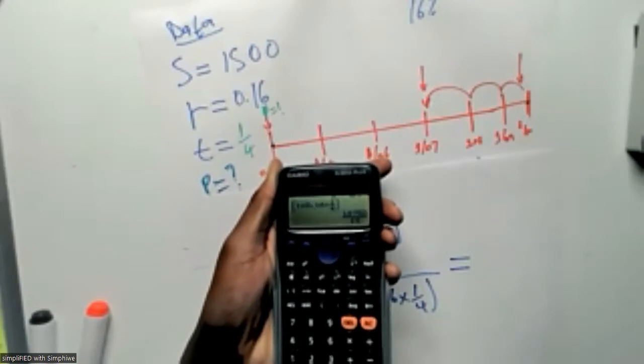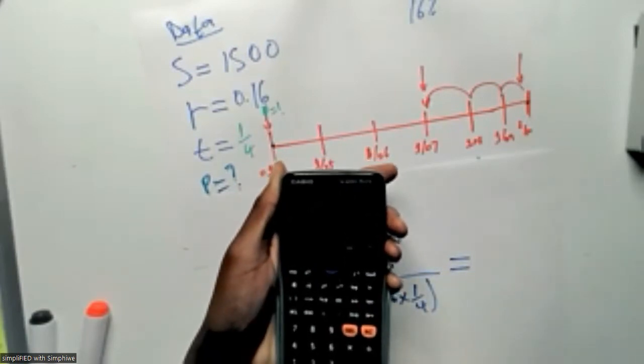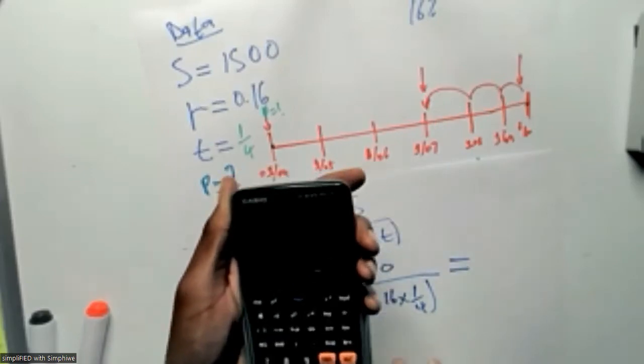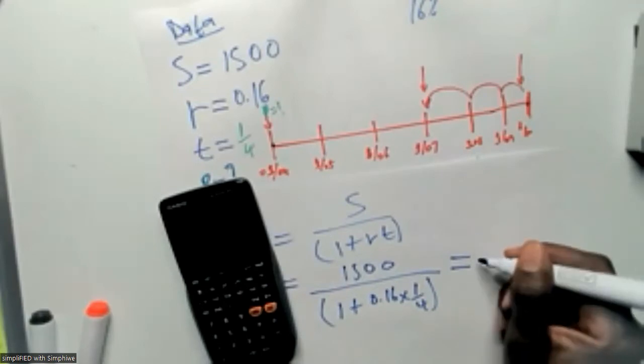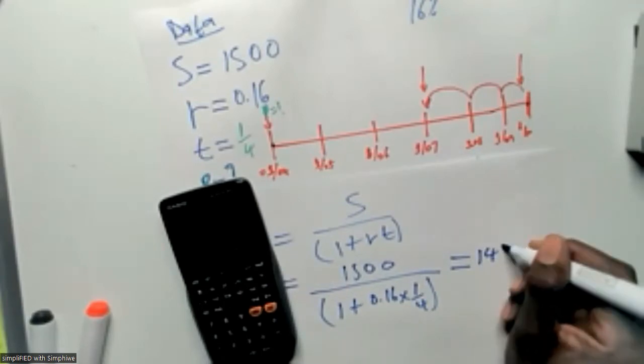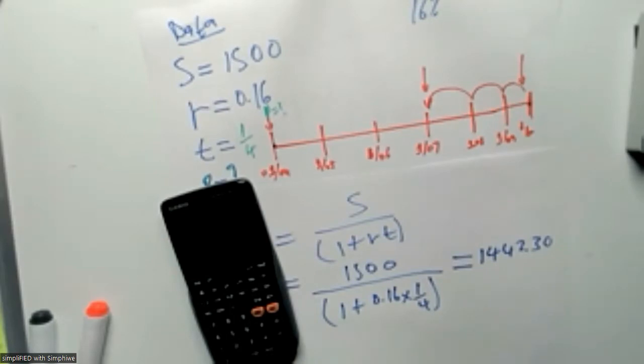You see, I punched the whole thing the way it is, so that's our answer, which will be 1442.30. So that's the amount that would be paid if the loan was paid on the 1st of July instead of October.